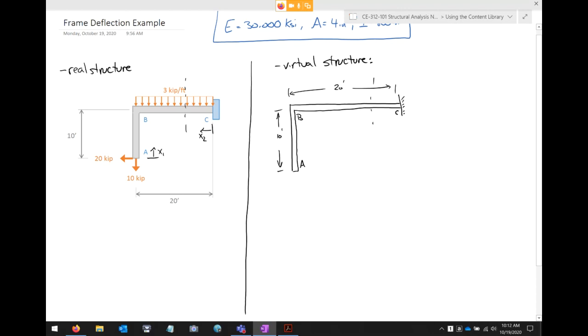So let's cut a section, and we're going to have an x2 right here as well, and look towards x. Over here on the real structure, I'm going to have a fixed support and this distributed load. And over here, I'm going to have a fixed support, and I'll end up having nothing other than the reactions, but you'll see what I'm talking about. So this is my coordinate system on either end.